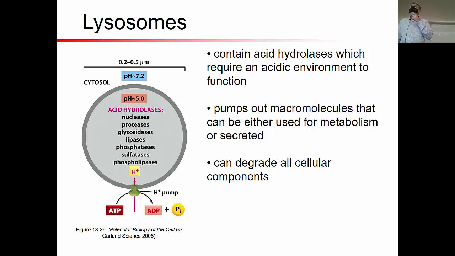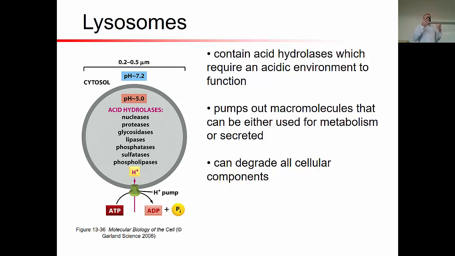Does the acidic environment make it easier to break apart macromolecules? It might assist a bit with some of the unfolding or things like that. There's another maybe more subtle thing that's happening here to do with the hydrolases themselves. Yeah.